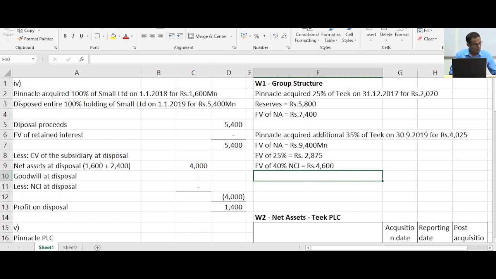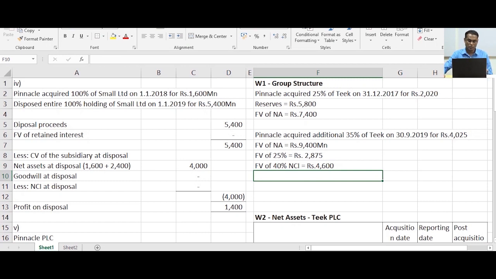You have also been given the fair value of this entire 60% holding as at 31st December 2019 in the individual financial statements of Pinnacle PLC, which is 7,020 million rupees. That information we will take once we do the numbers in the question. Once we prepare the balance sheet, we will take them into consideration.